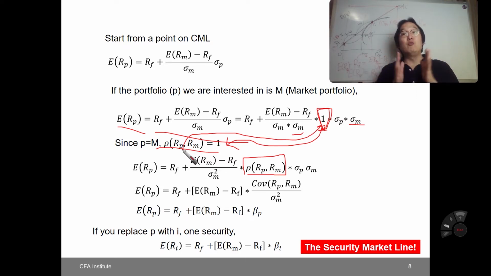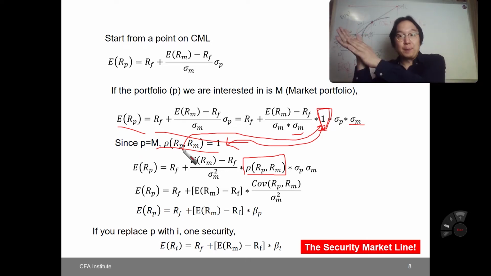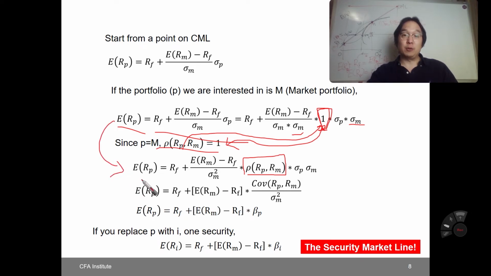How are they moving together in a linear fashion? 1 means they are perfectly correlated. -1 means they are perfectly negatively correlated. Whatever you gain, I lose. But 1 means whatever you move, I move together. Identical twin kind of thing. All right, fine. So it becomes this formula over here, equation.